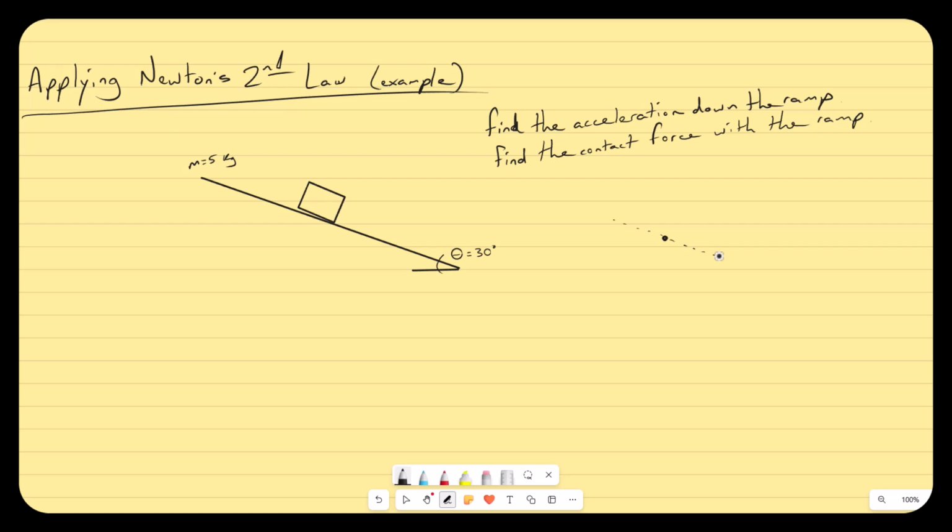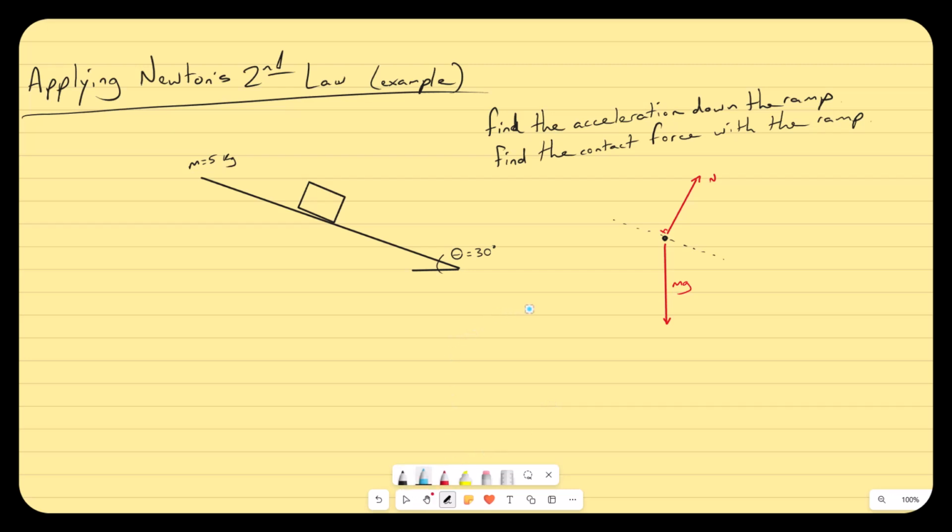There is the angle of the ramp. I'm going to have mg down, and I'm going to have a normal force that's out this way. It's out that way because it has to be perpendicular to my ramp.